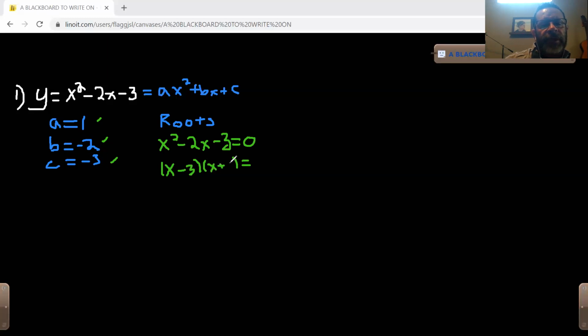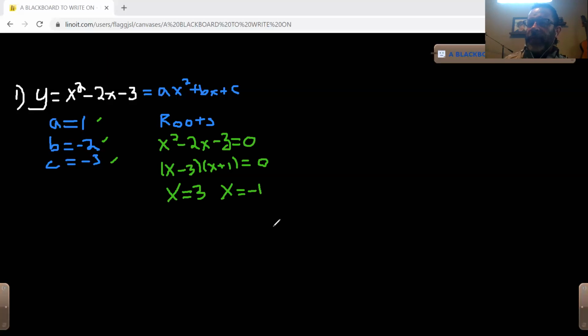Is that correct for everybody? Yes. And so that means that the roots are x equals 3 and x equals -1. Okay? Is that clear to everybody?